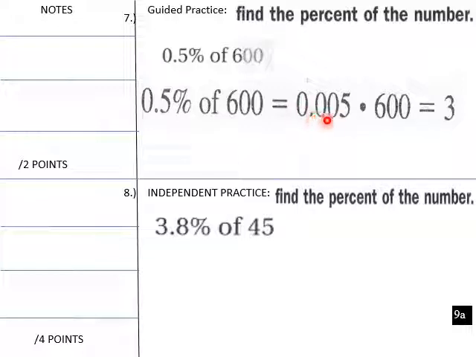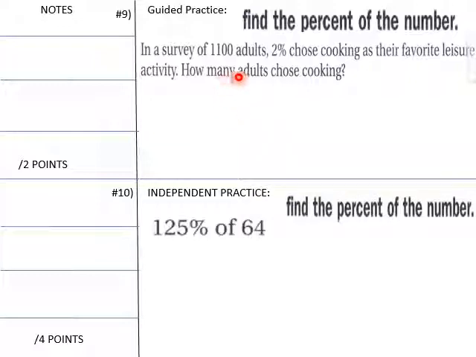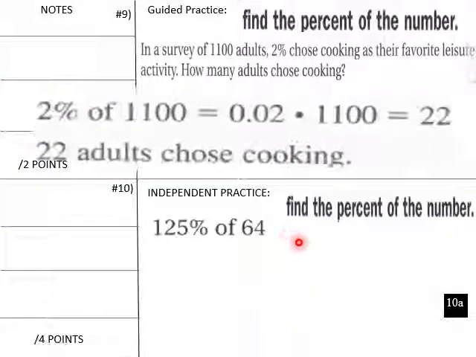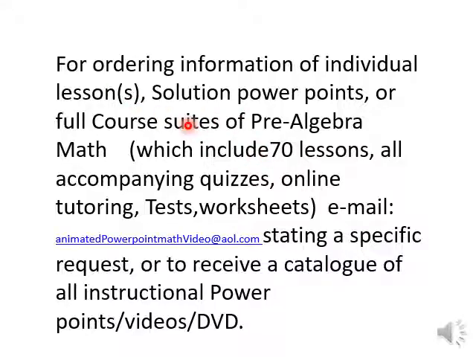So we multiply this number now by 600. 0.005 times 600, and that would equal 3. So that would be 0.5% of 600. Then find a percent of this number here, students. This is yours there. And that is lesson 7.3, part 1, Pre-Algebra Math.